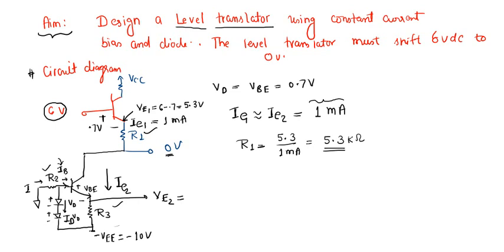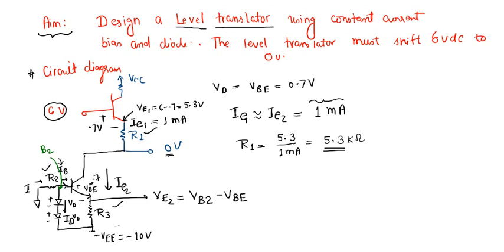The emitter voltage of this is the base voltage of our transistor 2 minus VBE, correct? Because VBE is 0.7, and if we are assuming that this is the base B2 and VB2 is the voltage here, there is a drop of 0.7 volts, so VE2 will be equal to VB2 minus VBE.